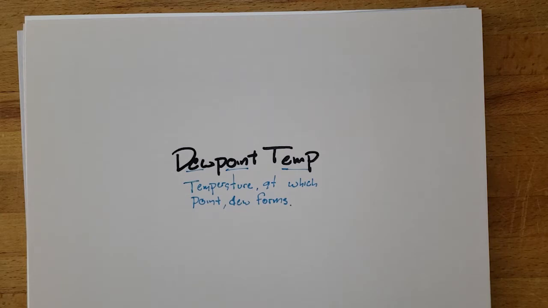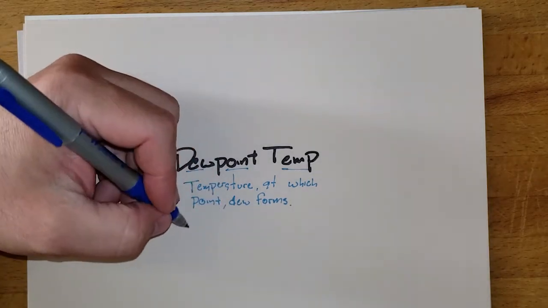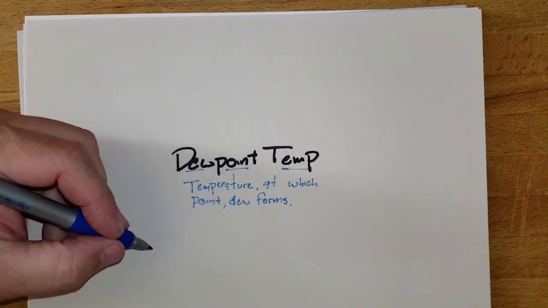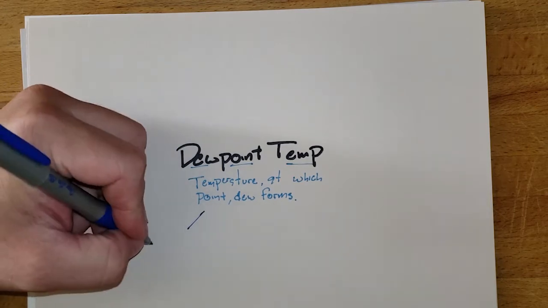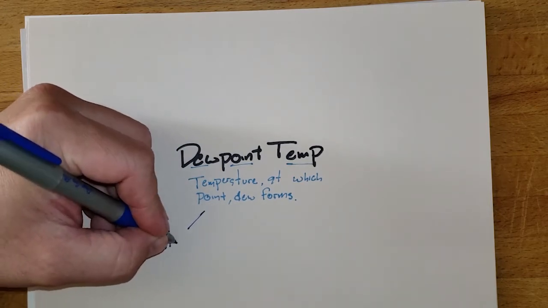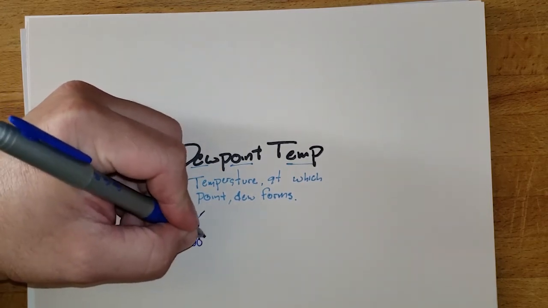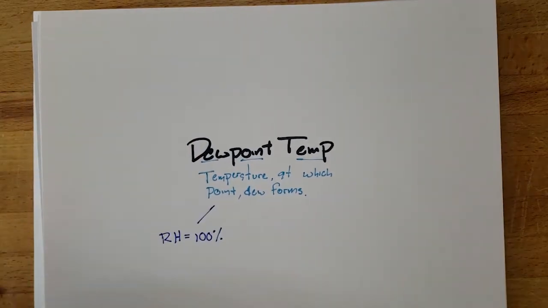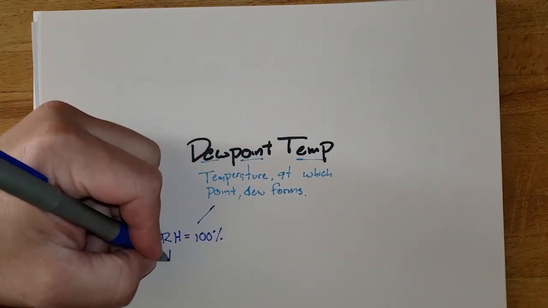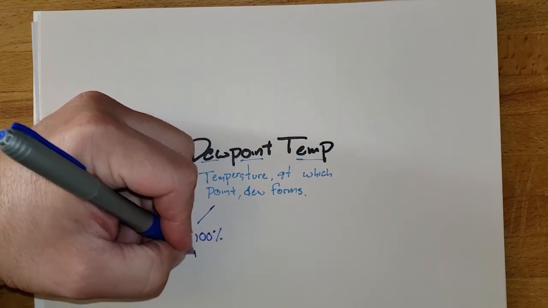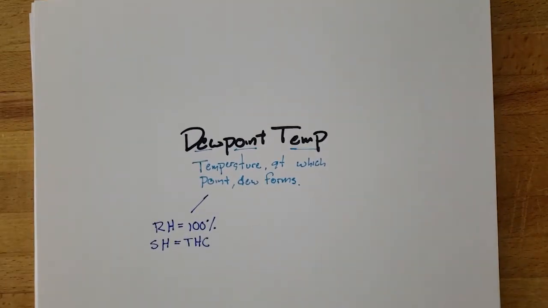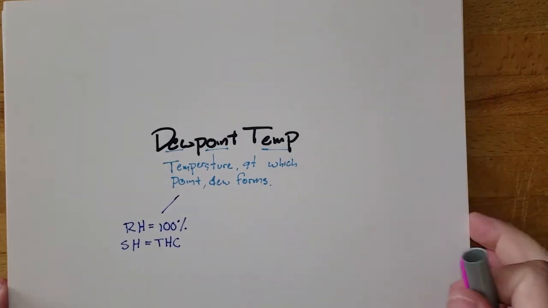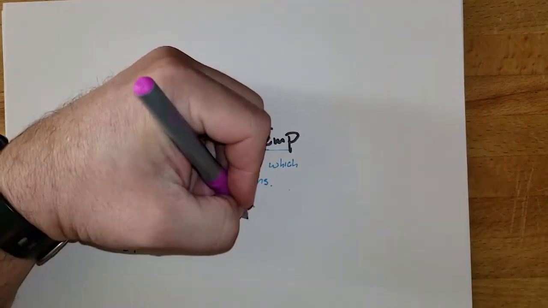One of the things we just talked about was the relationship between our relative humidity and our dew point temperature. At dew point temperature, relative humidity is equal to 100%. In other words, specific humidity becomes equal to the total holding capacity. We call our air parcel at dew point temperature saturated.